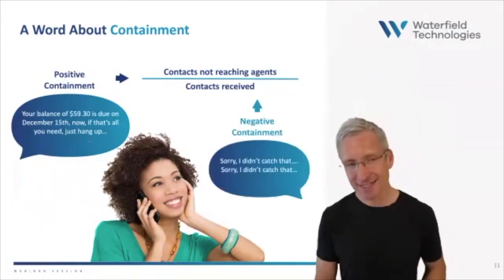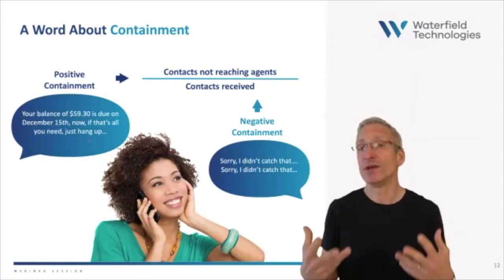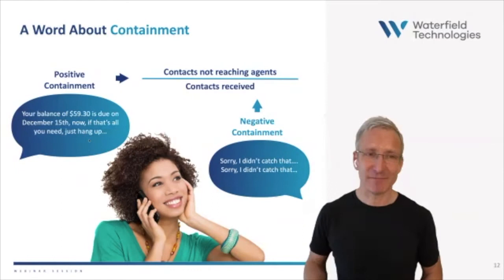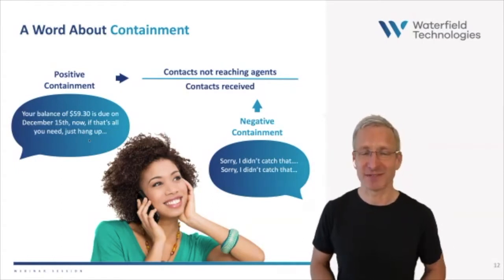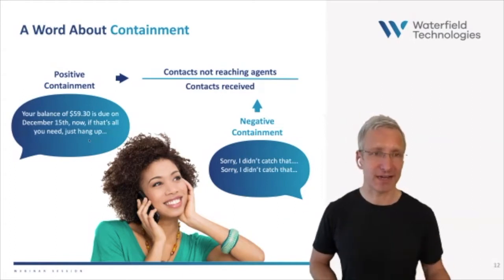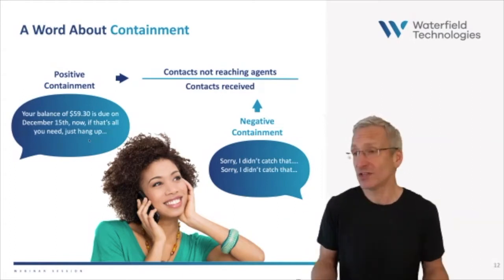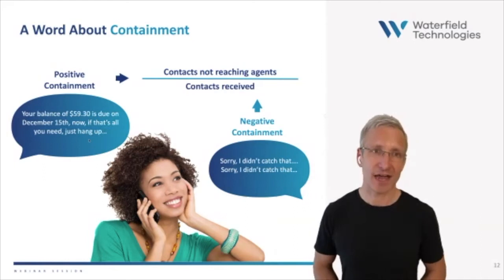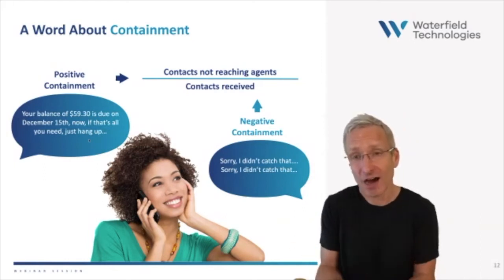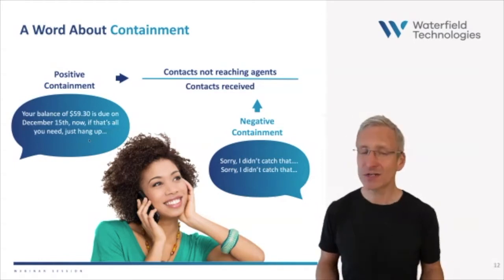But the problem is that containment also includes what we call negative containment. So the system endlessly bashing away trying to understand what the customer says and not recognizing what they say, or even platform issues or back-end issues, meaning that we're hanging up on the customer, or even just telling the customer to hang up and call a different number. All of these contribute to a higher containment number, but it's not good containment.